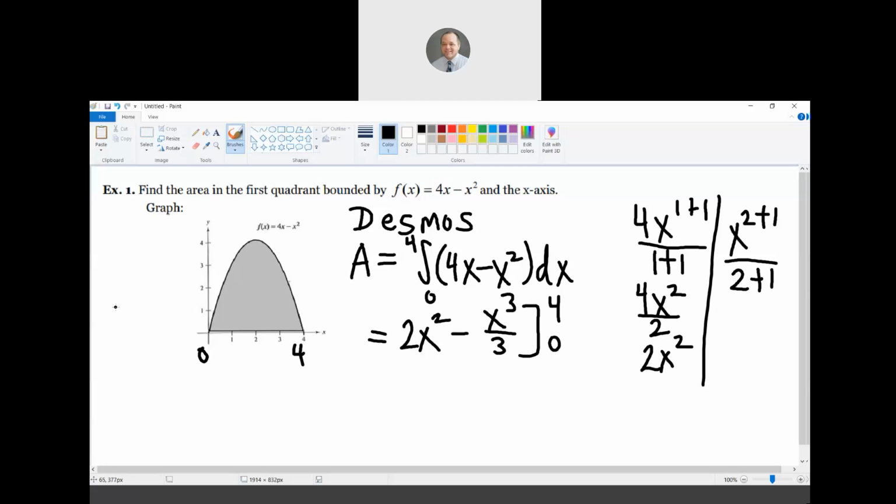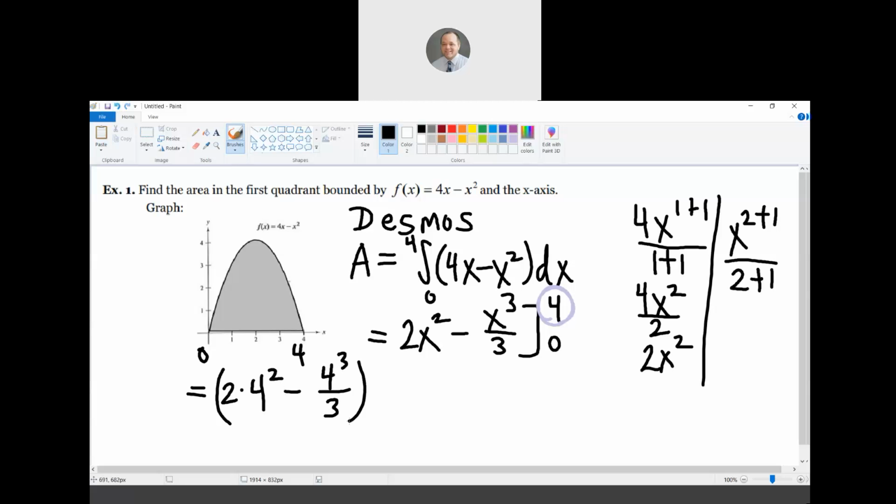Now, the fundamental theorem of calculus, part 2, states that you plug in your upper limit of integration first. So we'll plug in 4 everywhere we see an x first. So that would be 2 times 4 squared minus 4 cubed over 3.